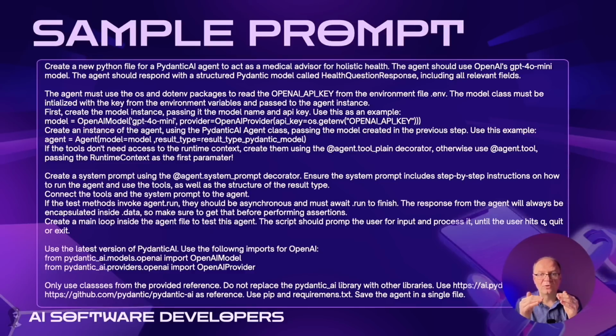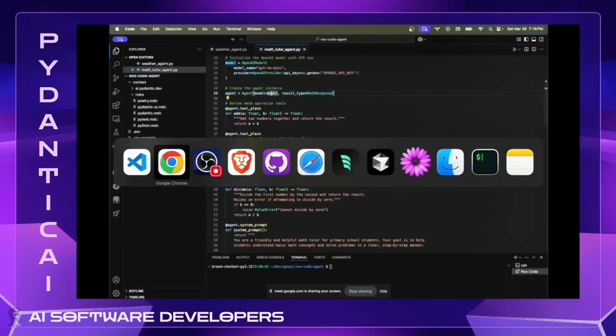So the Vibe Code tool knows how to create my Pydantic agent code. I specify down to the level of which models I'd like to use, how to create my decorators with @agent, @tool, @agent.tool_plain, or @agent.system_prompt.